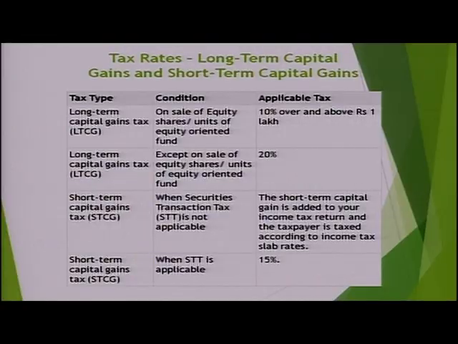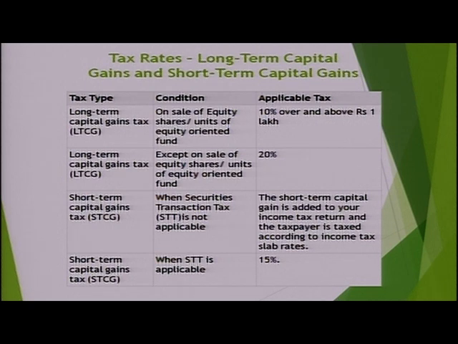So now we'll discuss the tax rates on the capital gains. As we have discussed, there are two kinds of capital gains. One is the short term and the other is the long term. तो अगर long term capital gains tax की हम लोग बात करते हैं, so the condition is on sale of equity shares, units of equity oriented fund.